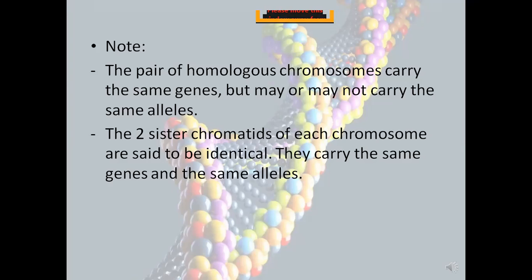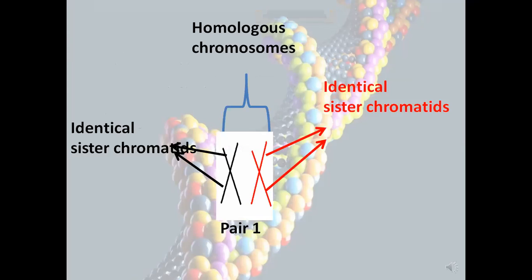The two sister chromatids are said to be identical when they carry the same genes and the same alleles. We have a blue eye allele and a blue eye allele; they are identical sister chromatids.